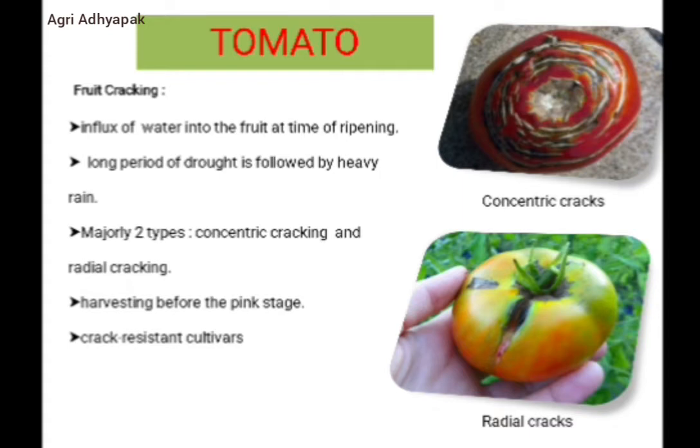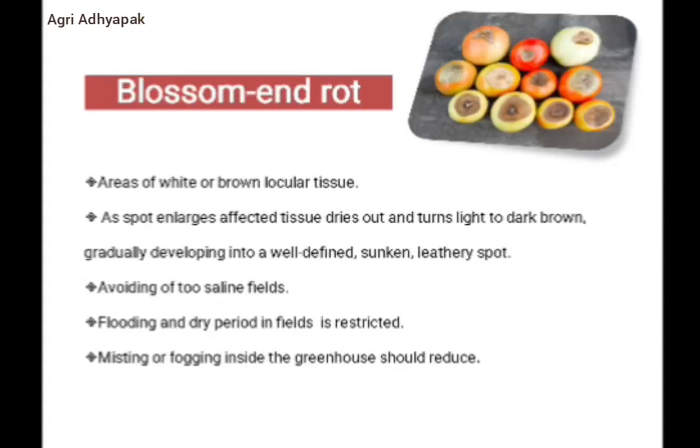To avoid this, we have to harvest the fruits before the pink stage and use crack resistant cultivars like Arka Vardhan, Arka Apeksha. We can also say that thick flesh cultivars are less susceptible to fruit cracking.